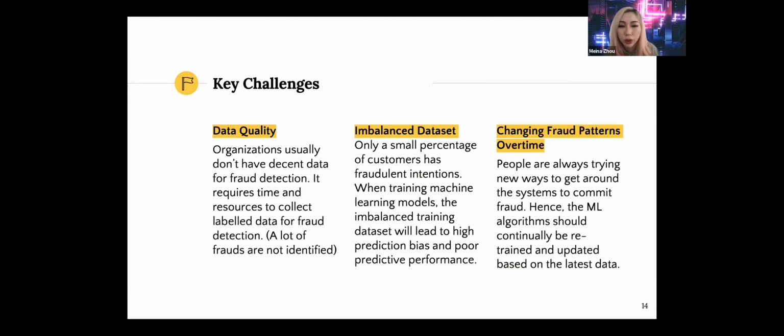So when we train the machine learning models, the imbalanced training data set will lead to very high prediction bias and poor predictive performance. We will need to think about different data science techniques to balance the data set to improve the prediction results. And the third challenge is the changing fraud patterns over time.